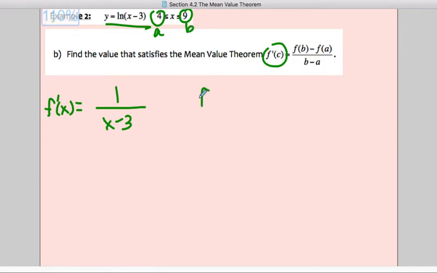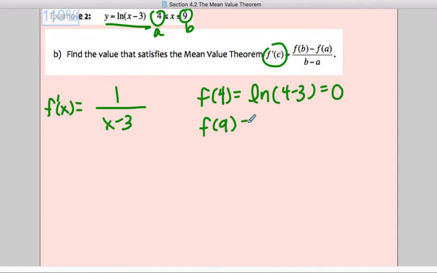So we are going to find f of 4 equals ln of 4 minus 3. If you type in ln of 1 on your calculator, you will get out 0. Then if you plug in 9, ln of 9 minus 3, just finding my point, we'd have ln of 6. That is not an exact answer.